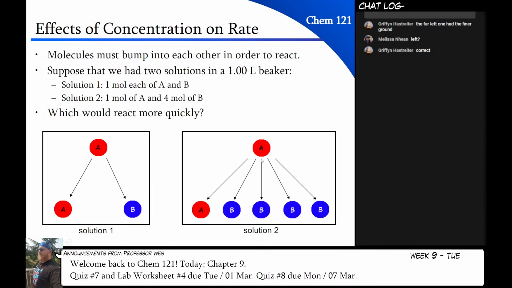Solution 2, on the other hand, A could bonk into another A, or it could bonk into any of these Bs. There's 4 times as many B as there are A, so 80% of the collisions would react there. And since there are more opportunities to react, the reaction goes faster. So the more concentrated something is, the faster the reaction occurs.